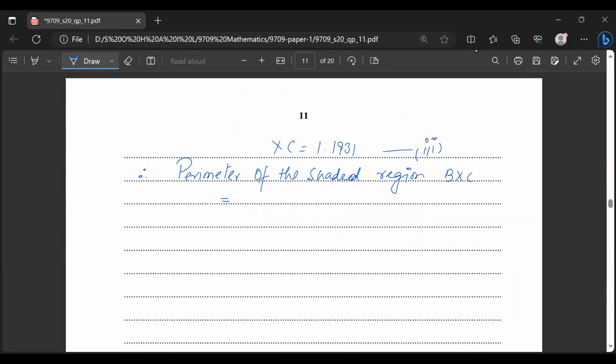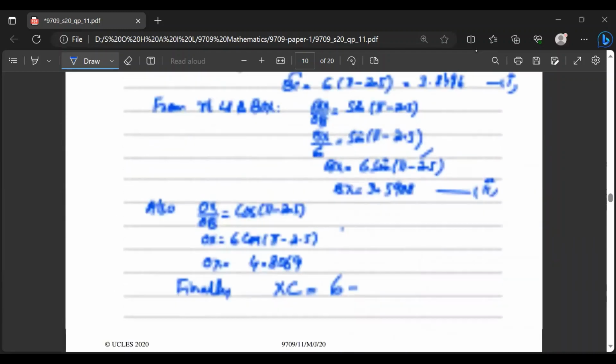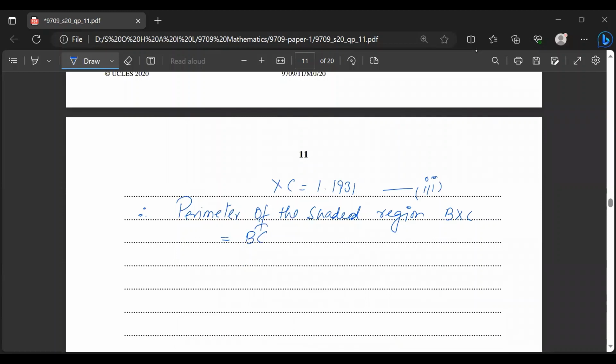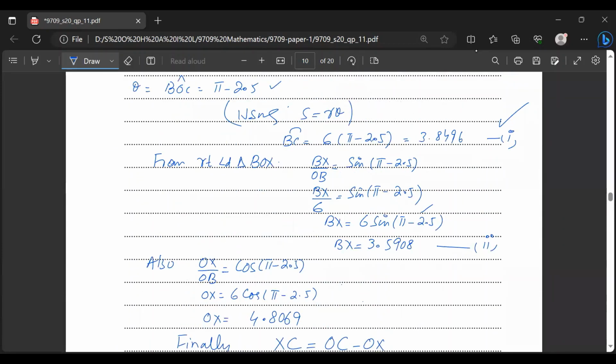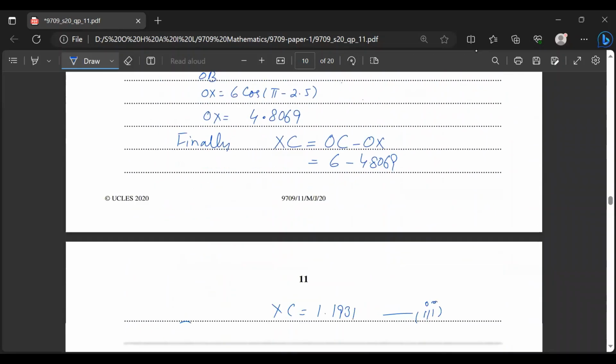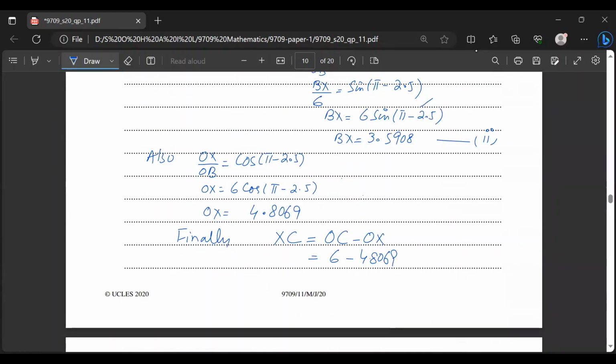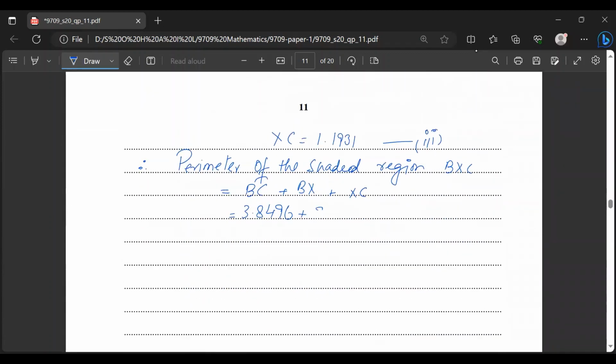BC was 3.8496, BX is 3.5908, plus XC length 1.1931.